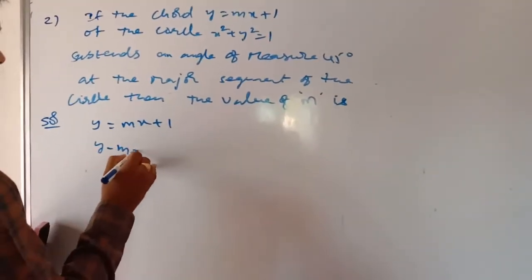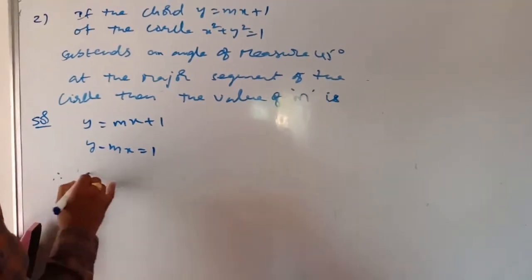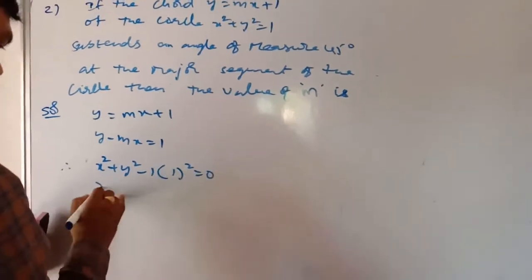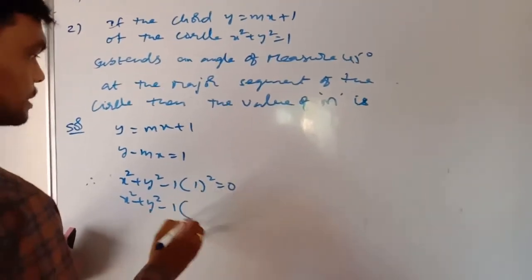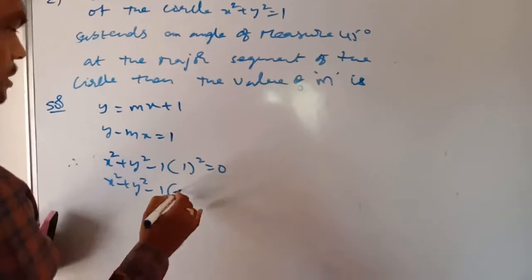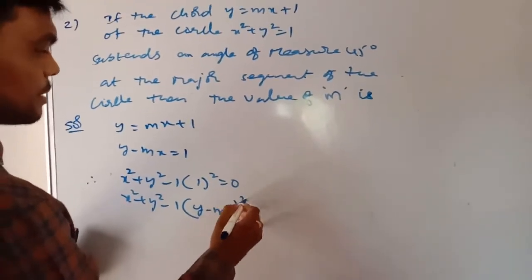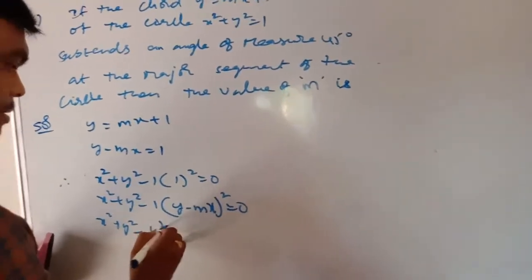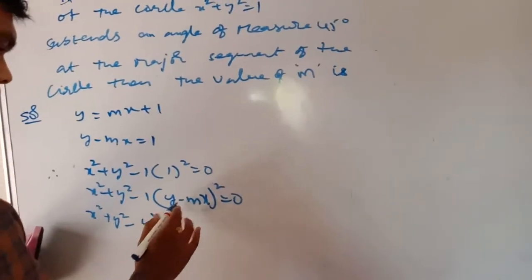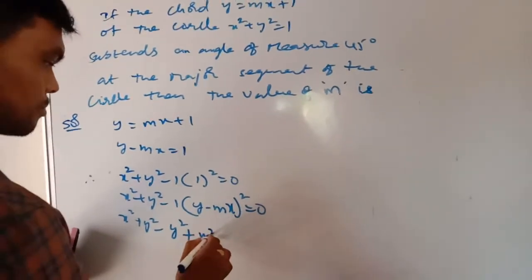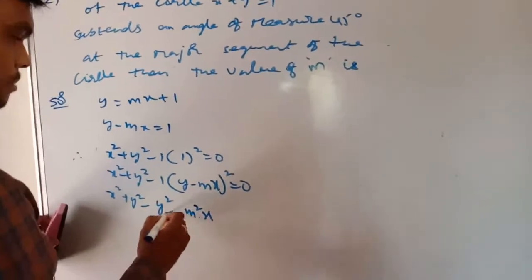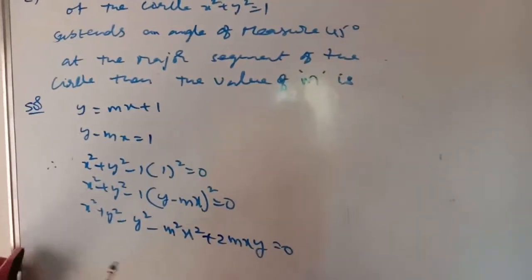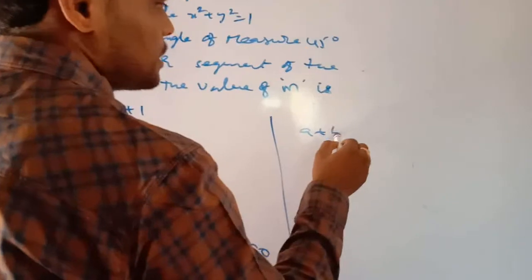Now y minus mx is equal to 1 and here x square plus y square minus 1 into 1 whole square is equal to 0, and x square plus y square minus 1 into substituting the 1 value in this, y minus mx whole square. Now here x square plus y square minus y square plus m square x square minus 2m... Now therefore a plus b is equal to 0.